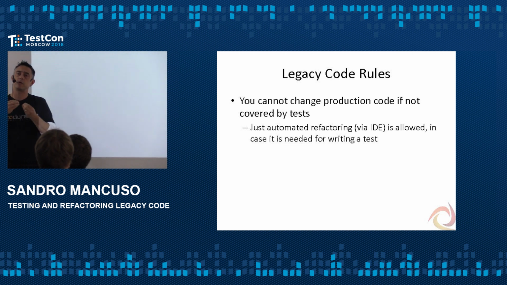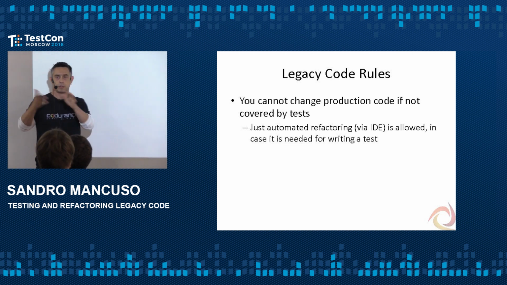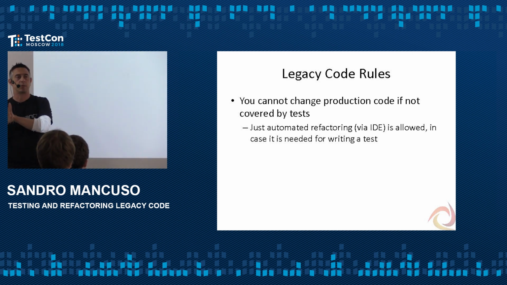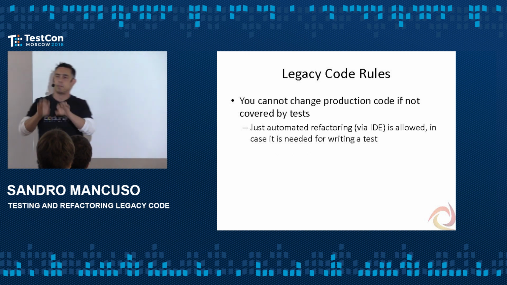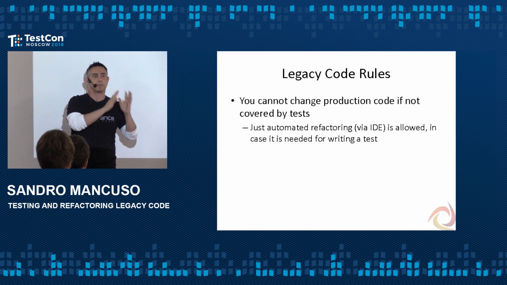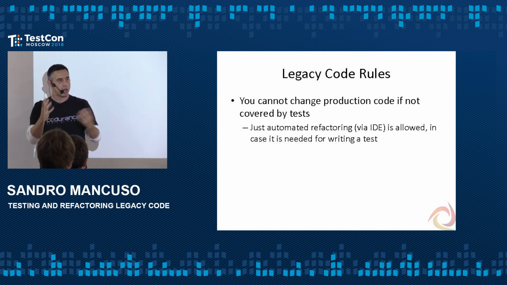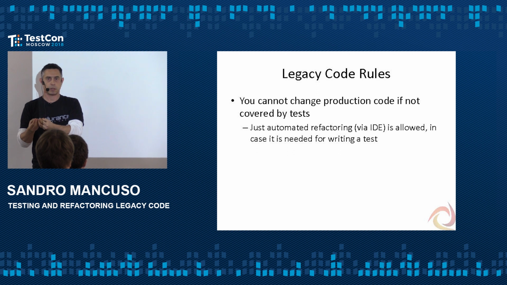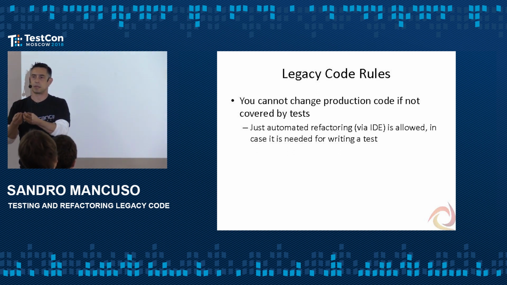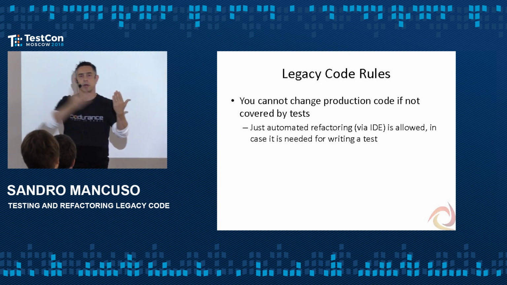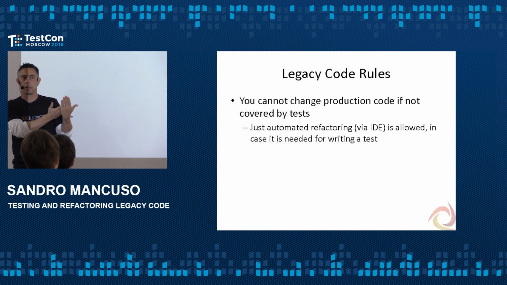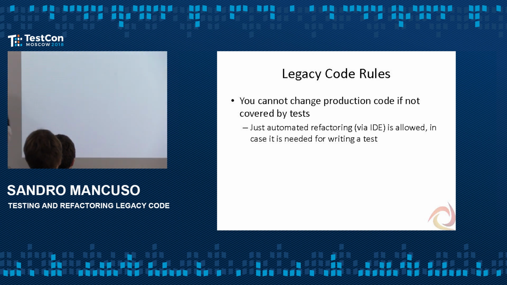So I will use my automated refactoring tools to make the change in the production code. I should not be typing in the production code if I'm changing to write a test. The problem is, if I don't have the production code covered by tests, and I change production code, I might introduce an error, and worse than that, I will cement that error with the test. So I will only use automated tools.